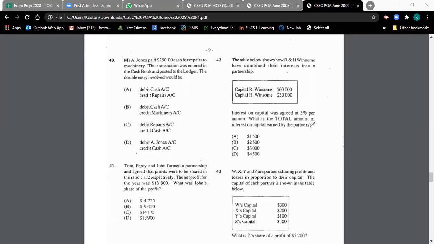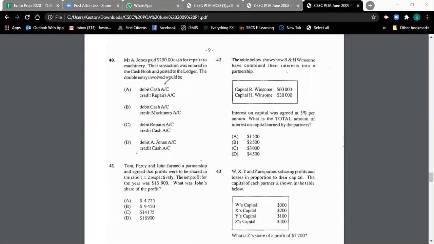What is the total amount of interest on capital earned by the partners? Total amount for both of them. 5%. D. Very good, Avisha. 4,500.